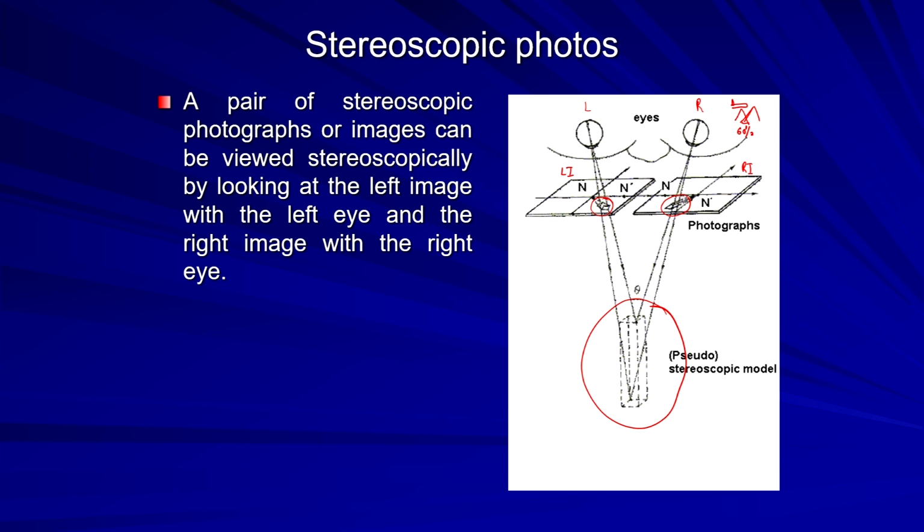So, a pair of stereoscopic photographs or images can be viewed stereoscopically by looking at the left image with the left eye and the right image with the right eye. You can do this by using a stereoscope, or different color glasses, which will help you in viewing this.